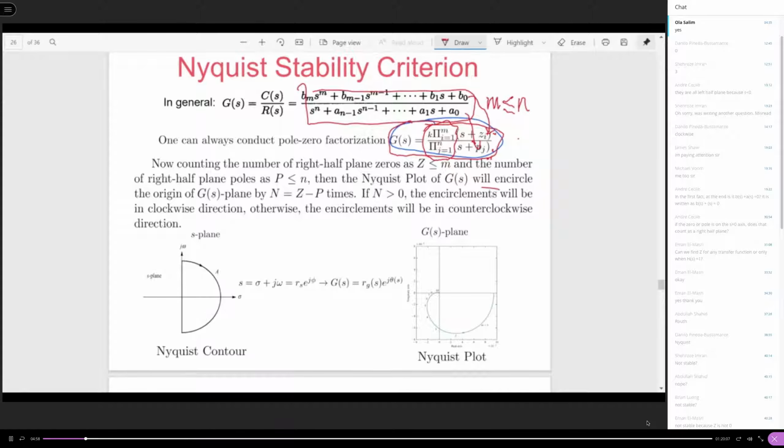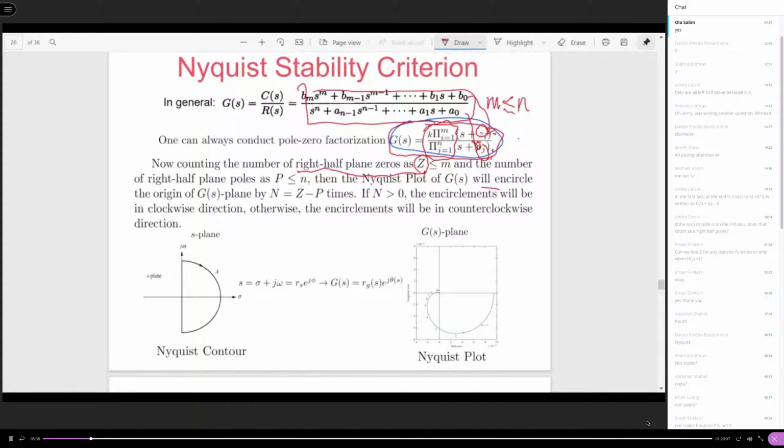Once we conduct this factorization and find the values of Z_i and P_j, I can easily identify how many right half plane zeros there are. We use the symbol Z to represent the number of right half plane zeros. Apparently, Z should be less than or equal to m, because the maximum possibility is that all zeros are in the right half plane. Otherwise, it is less than m.